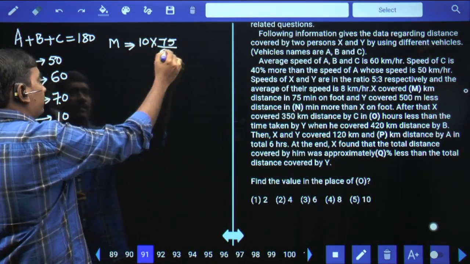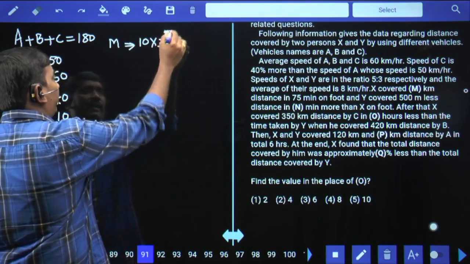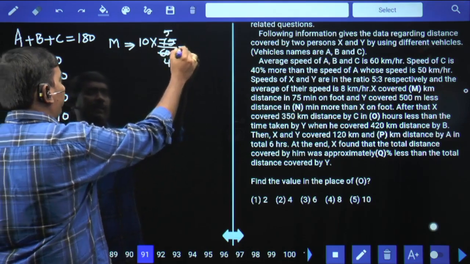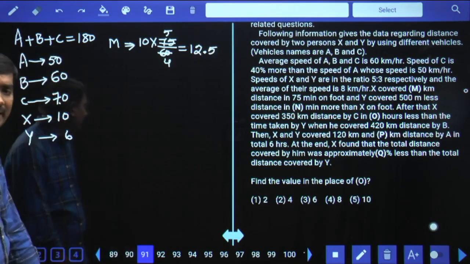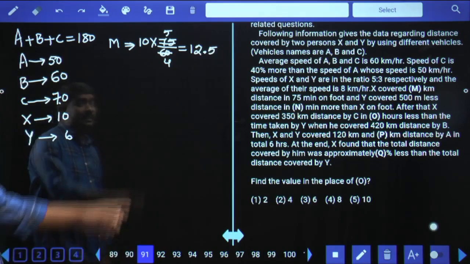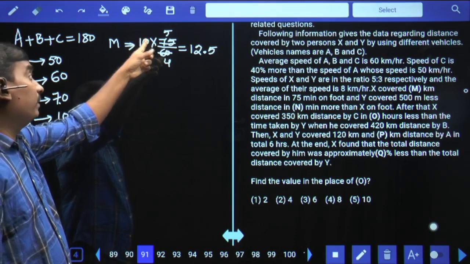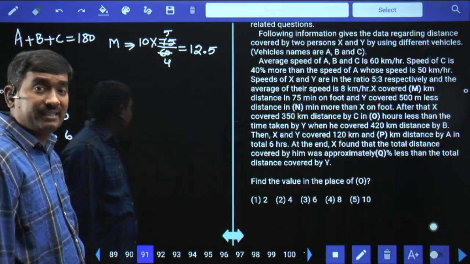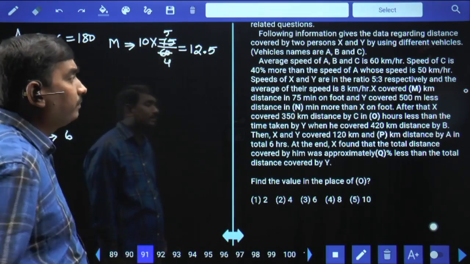Converting minutes into hours means dividing by 60. 10 times 5 by 4, that is 50 by 4. 12.5 kilometers is the value of m.